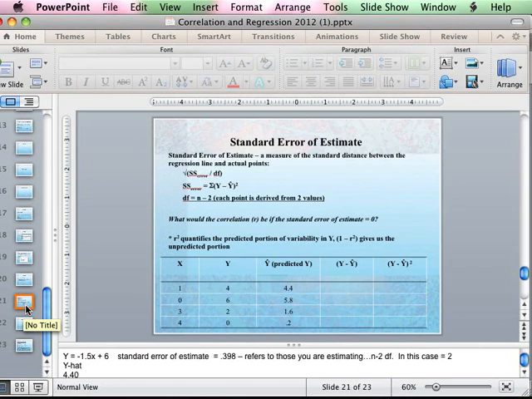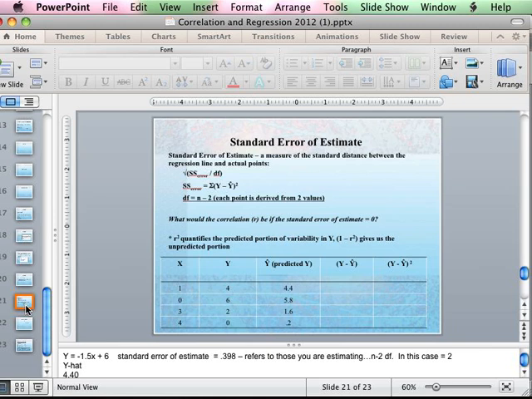Now the last thing I want to talk about is the standard error of the estimate. You can think of standard error of the estimate much like standard error itself. But the easiest way to conceptualize it is the typical distance I will be away from somebody's actual score when I predict their score using my regression line.